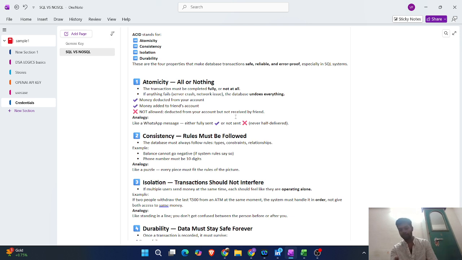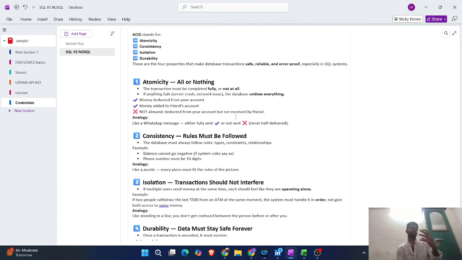Whenever you do a transaction, the entire amount has to be credited or debited. It can't be partial. If I want to take 10,000, it has to give 10,000. It can't give 100 rupees now, then 9,000 later, and tomorrow another 100. No, it shouldn't be like that. Whenever I do a transaction, it has to execute.